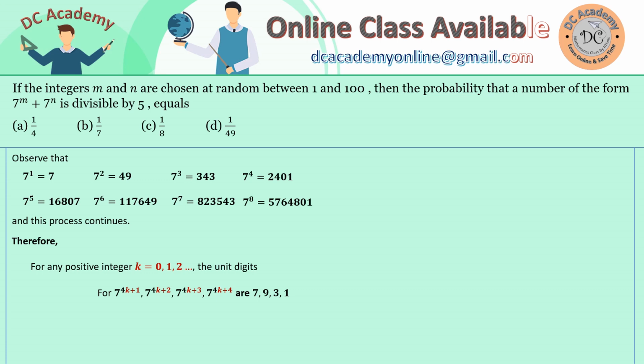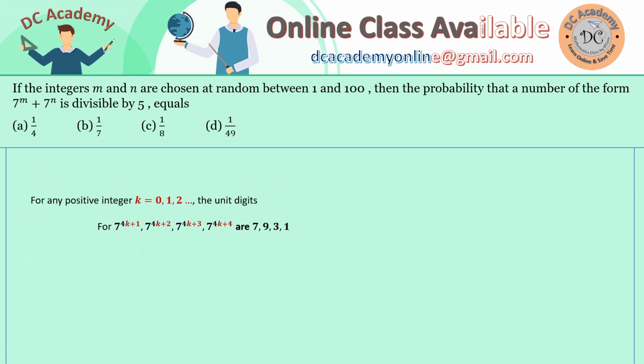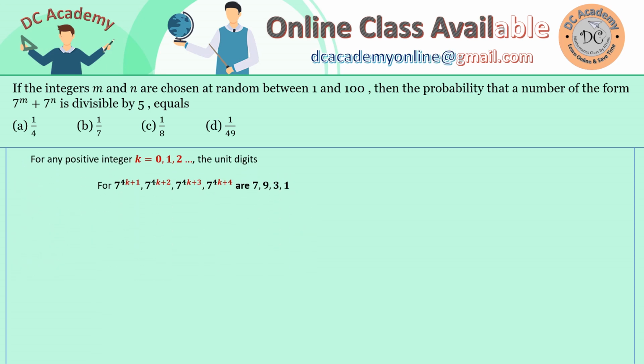Now let's go ahead. Here we are looking to find out when the number 7 to the power m plus 7 to the power n is divisible by 5. When a number is divisible by 5, the condition is that the unit digit must be 0 or 5. So we'll try to find the condition such that 7 to the power m plus 7 to the power n is divisible by 5.